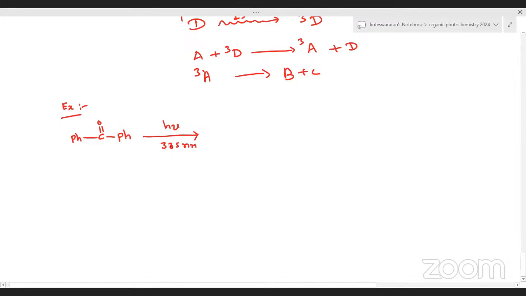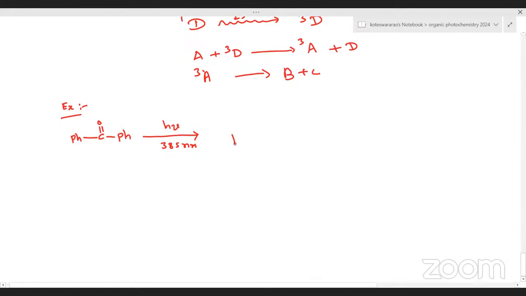You can understand that we can irradiate it with different frequencies. Different frequencies give different activation states. Based on that, we have the requirement of the reaction. We are going to irradiate it with light. Now it gets excited and reaches the first excited state.